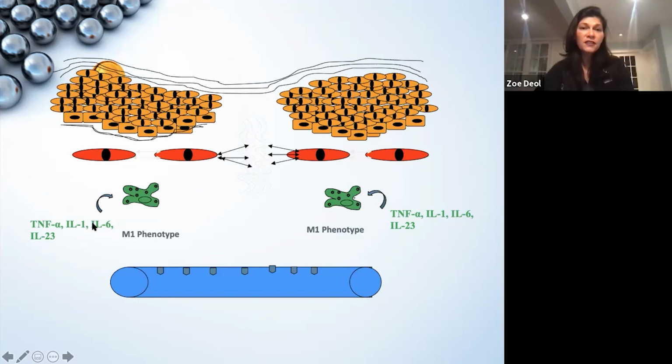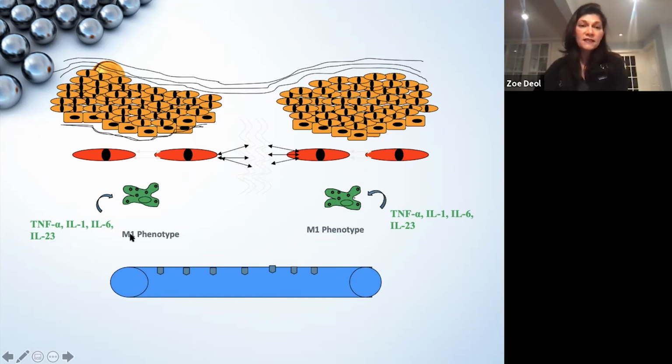M1s are the destructors. You've got an injury, you've got to get rid of all the dead tissue, so these are the destructors. They upregulate the inflammatory cytokines: tumor necrosis factor alpha, IL-1, IL-6, and IL-23.